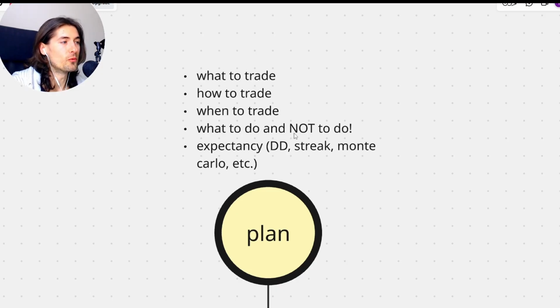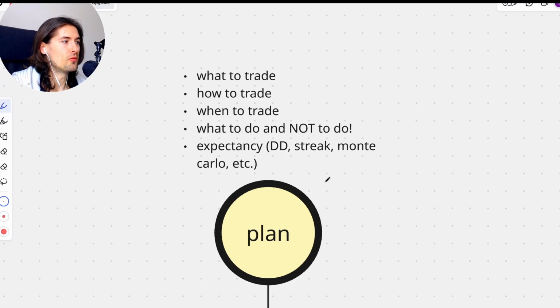As for what to do and what not to do, obviously you should not be over-leveraging and things like that, but what not to do will depend on the method we're going to be using. What I just said is extremely important: you need to understand your average drawdown and your winning and losing streaks, because if you know these 3 pieces of information alone, you can tweak and manipulate your expectations a lot. It also helps a lot if you know the Monte Carlo simulation.